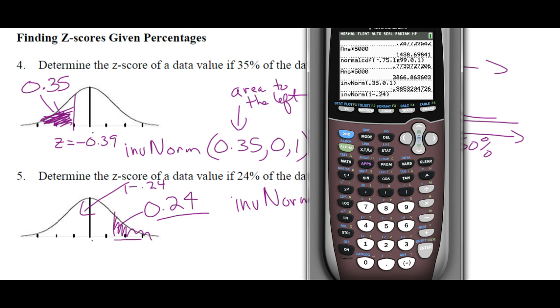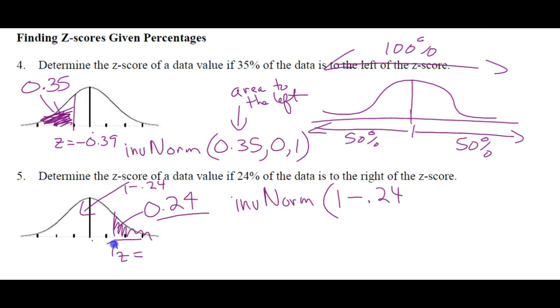So that's all you're going to enter: 1 minus 0.24. Hit enter. 0.706. Remember, that's not a percent, that's a z-score. So the z-score is 0.71. This z is equal to 0.71. So we're giving it the percentage, but not as a percent, as a decimal. We're giving it the percentage, and we're working out the z-score.